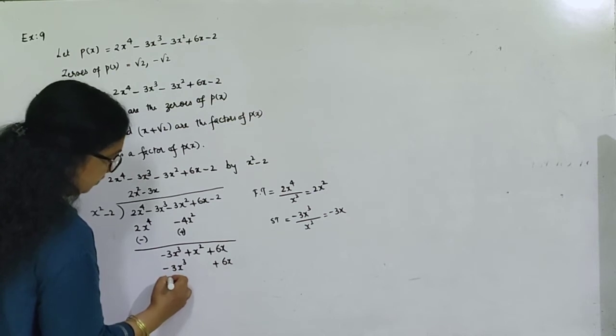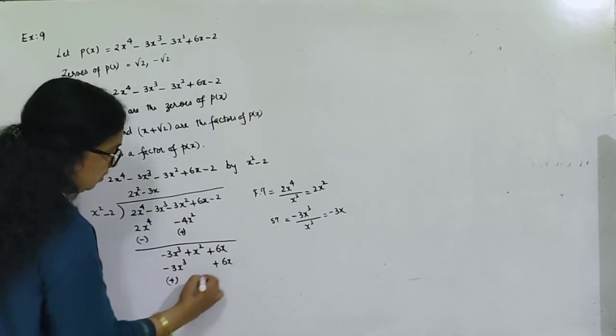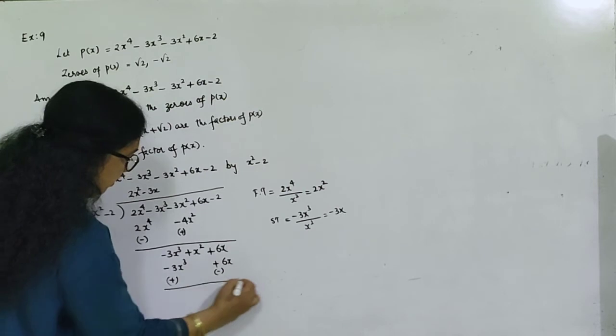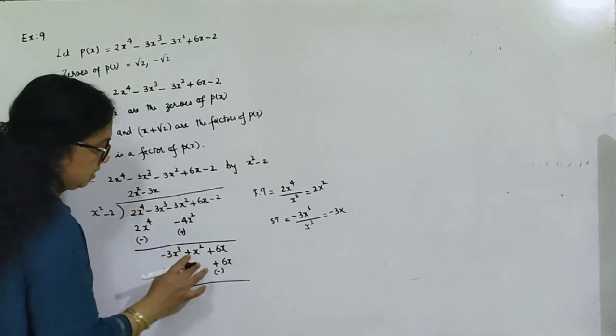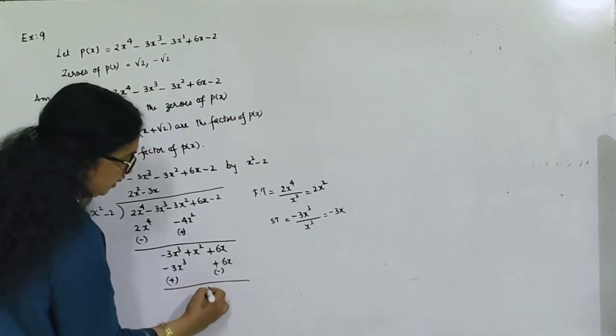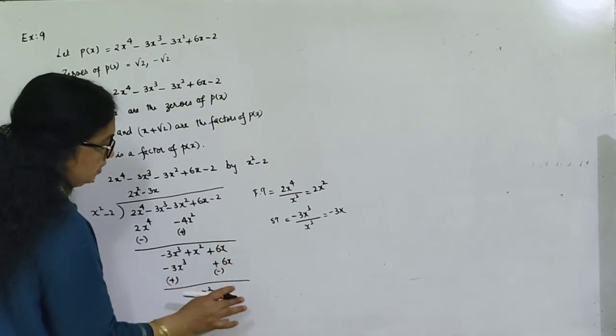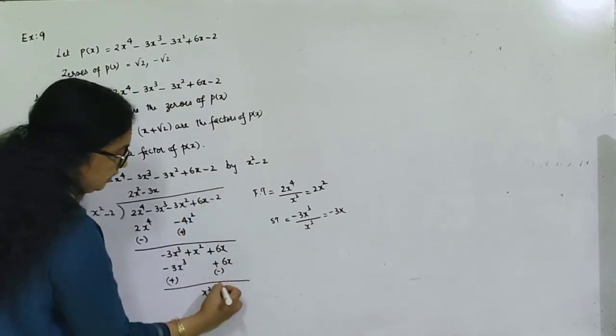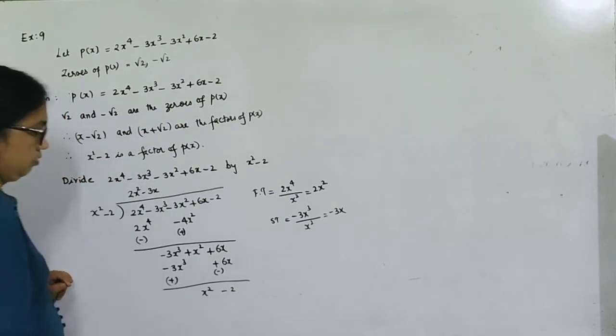Now opposite signs, plus minus. Minus 3x cube plus 3x cube cancel. Here plus x square remains. 6x minus 6x cancel. Now here minus 2 is remaining, written right below. So minus 2.